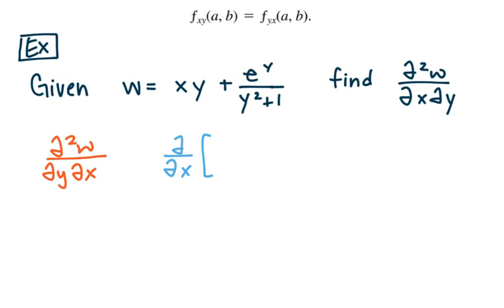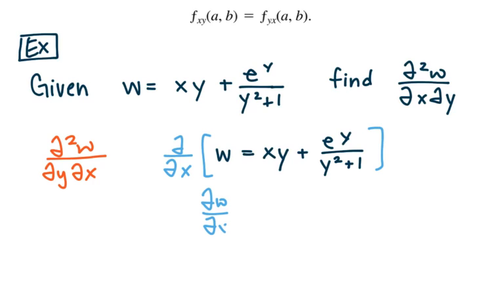So differentiating that function, w equals xy plus e to the y over y squared plus 1, I'm going to end up with partial w with respect to x equals, so with respect to x, y is constant, so the derivative of yx is y.